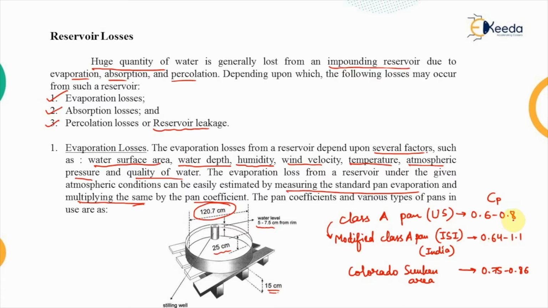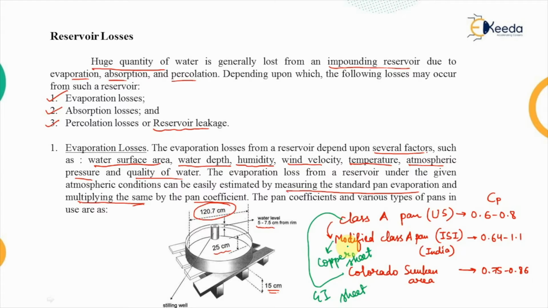All of these coefficients are used for different geographical conditions. Now the class A pan and the Colorado sunken pan are made of GI sheets, while the modified class A pan used in India uses copper sheet. So that is the basic difference between these different types of pans.